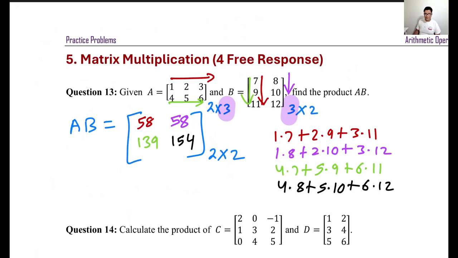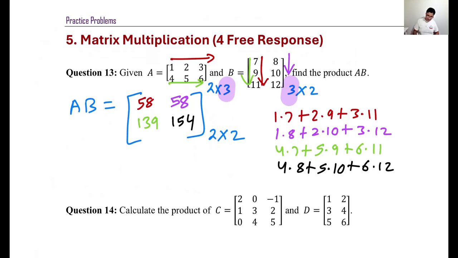Now, in this case, you could also do B times A, which I'm skipping for now because we'll be doing one more next anyway. If you want more practice, you can do B times A, and you will get a 3 by 3 matrix.